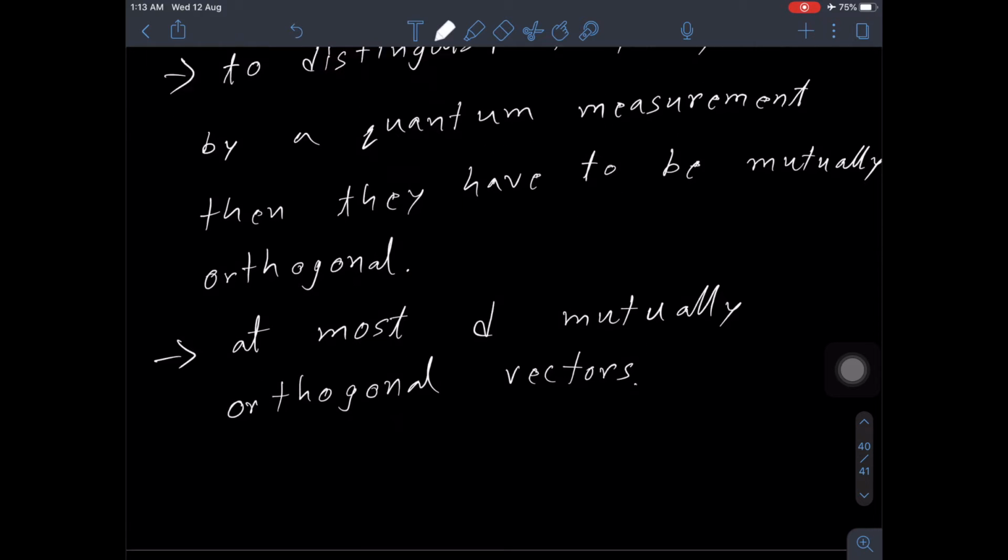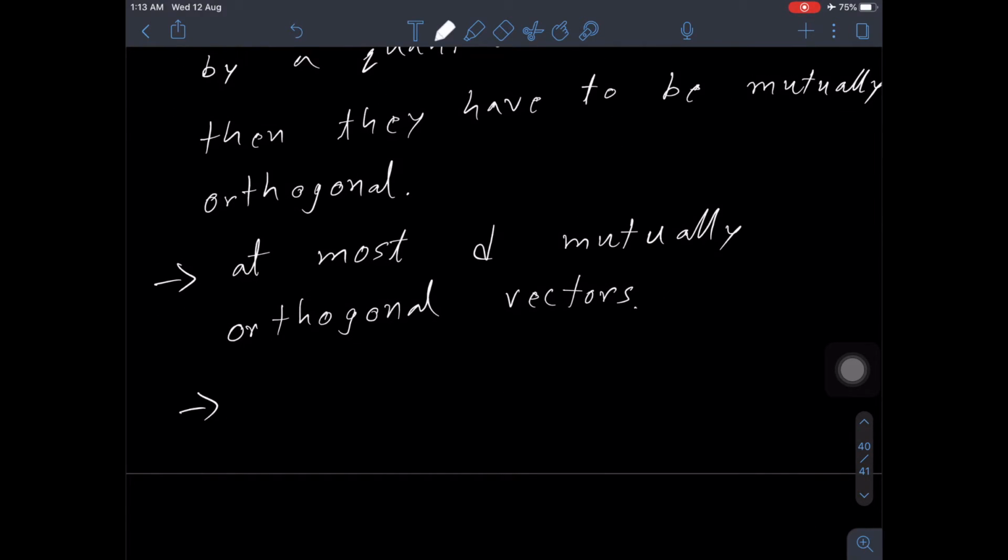So you can at most encode d different messages.